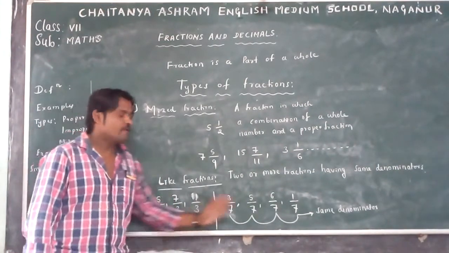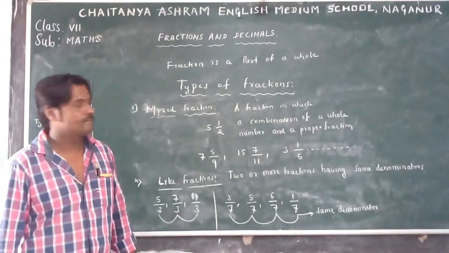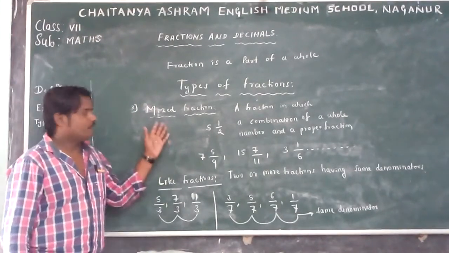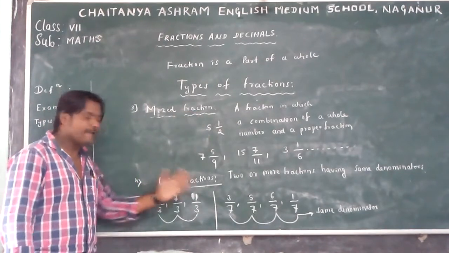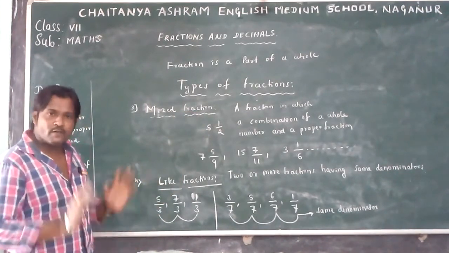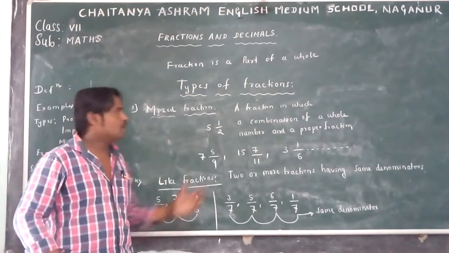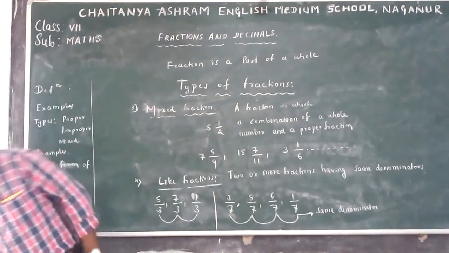Understood? These are the examples for like fractions. Okay, dear students, now write down these definitions of mixed fraction and like fractions. Pause the video, write the notes, or take a screenshot of this video and write the notes later.